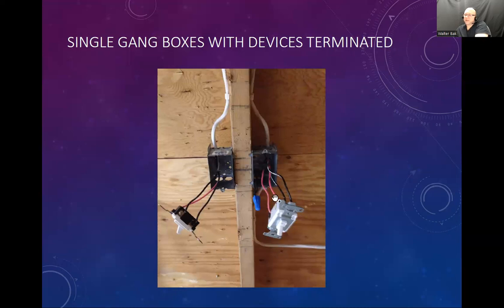What GFCI is, it's a ground fault circuit interrupt. What it does, it has internal circuitry to sense that the current leaving, for example, the hot terminal, going through the load has to be equal to the current that is coming back onto the neutral.